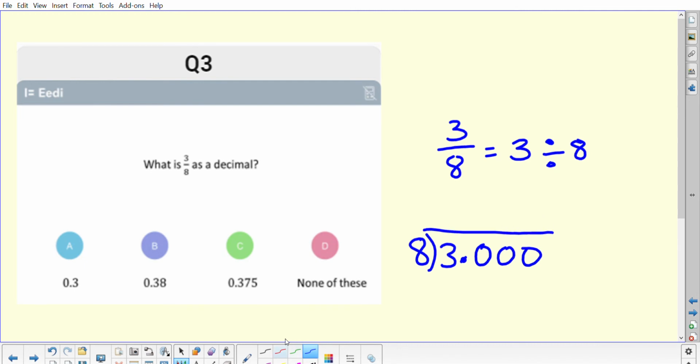So we would do 8 into 3, doesn't go, carry the 3 over, make sure you put your decimal point in there. 8 into 30 goes 3 times, and you've got remainder, 8 3s are 24, so you've got remainder of 6. 8 into 60, 8 7s are 56, so you'd have 4 left over, and 8 into 40 is 5. So the answer there would be 0.375, which is answer C.